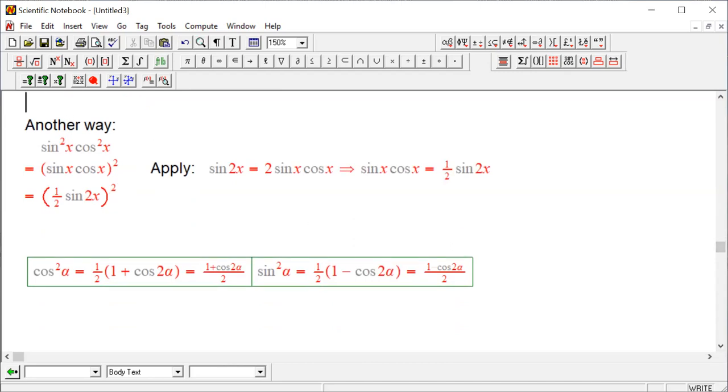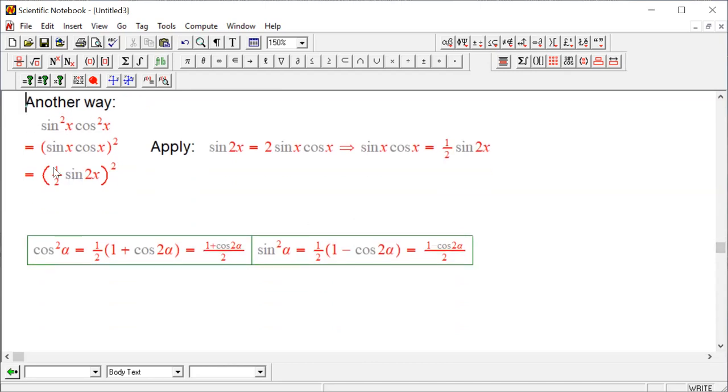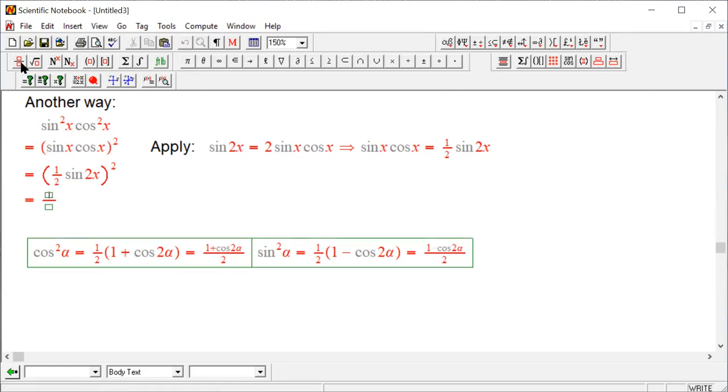We all need to enhance our algebraic proficiency. So derive as much as you can. So square, so we're gonna get half of sine square of x. So this is sine square of x.